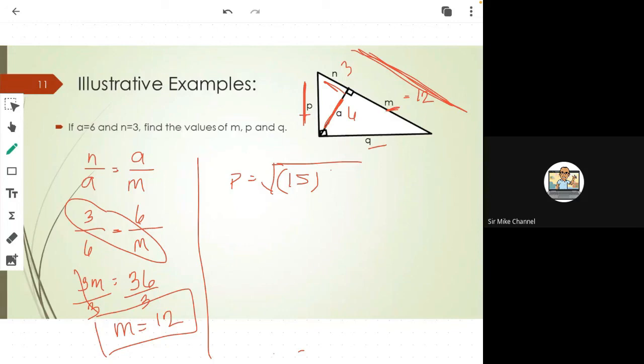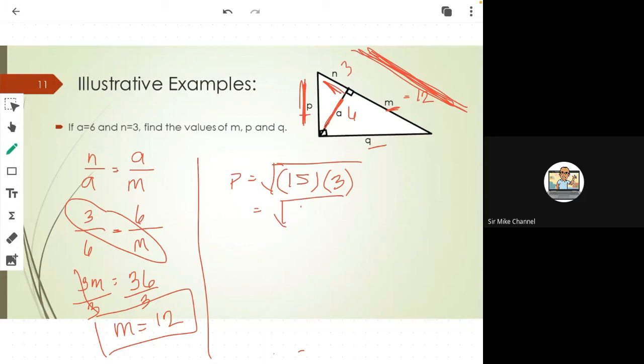Where do we multiply it? This is our leg, and this is the hypotenuse. So, 12 plus 3 is 15. Then our adjacent is 3. So, 15 times 3, how much do we have?